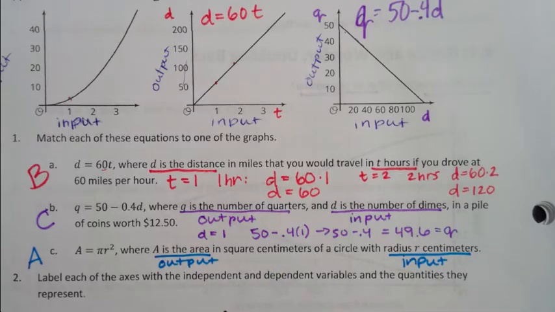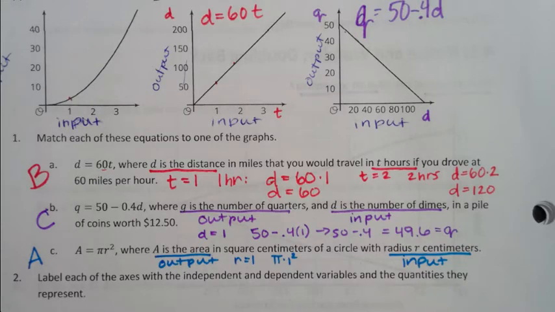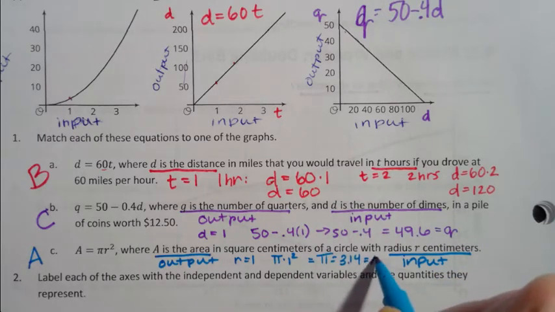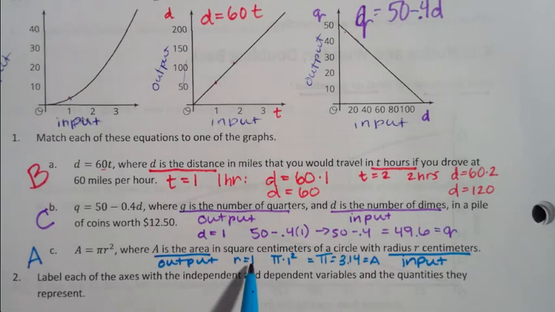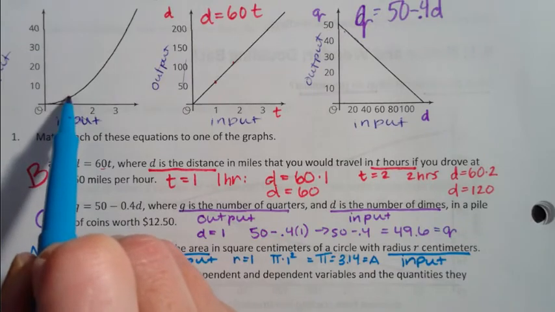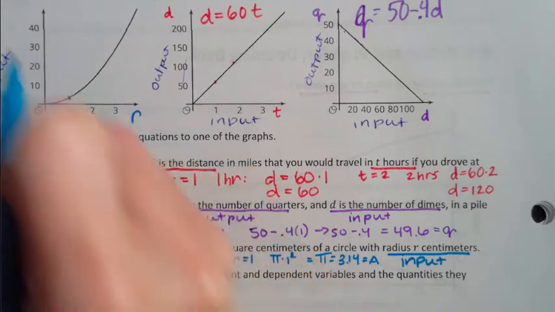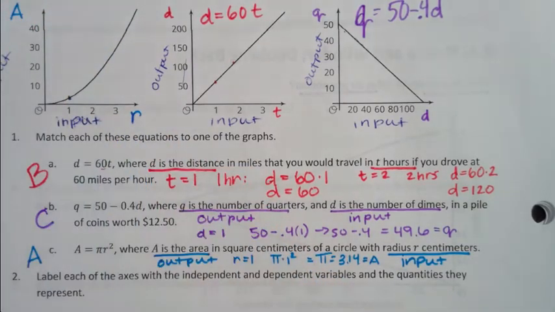So if I say that my radius is 1, that would be pi times 1 squared, right? That's going to equal pi, or 3.14. That would be the area. So if r is 1, then A is 3.14. If r is 1, that looks like it could be about 3.14. Okay.